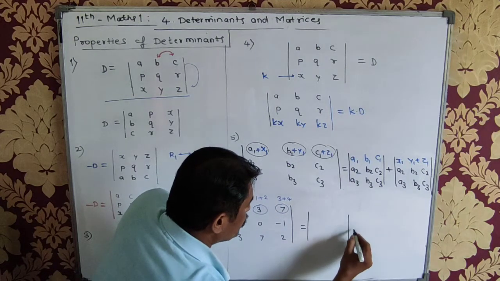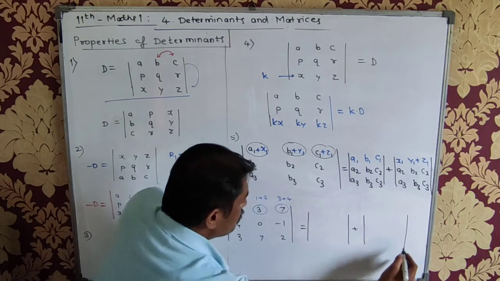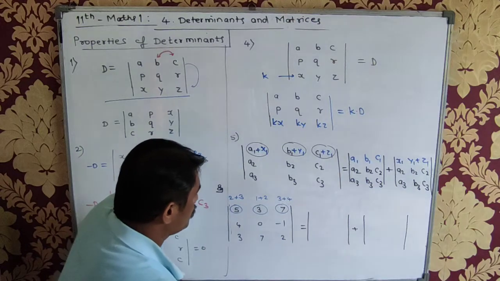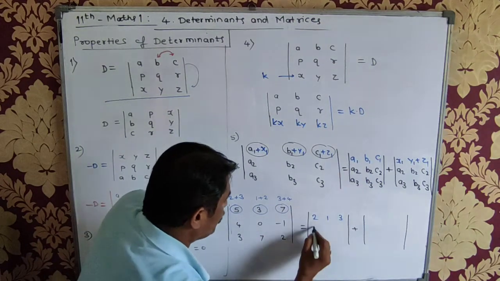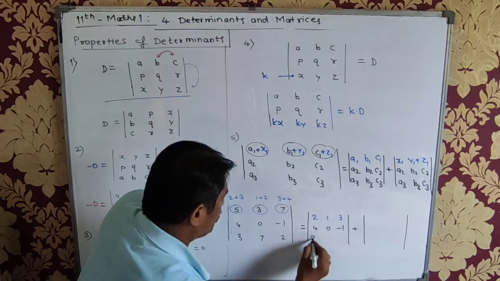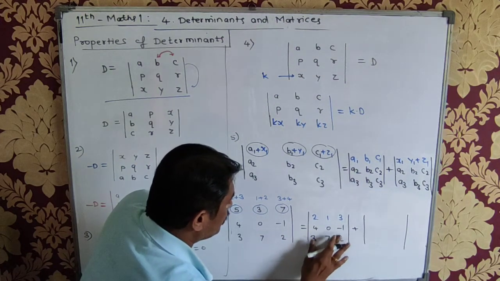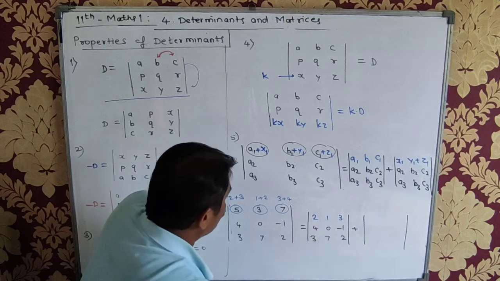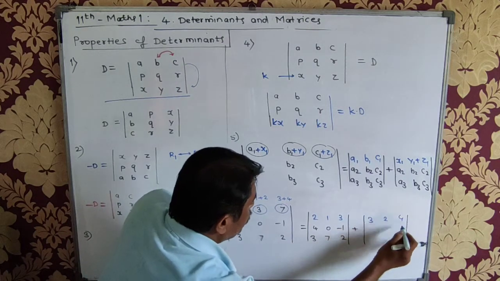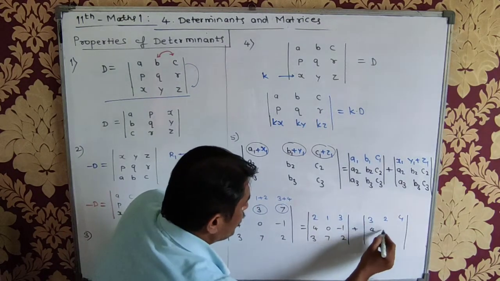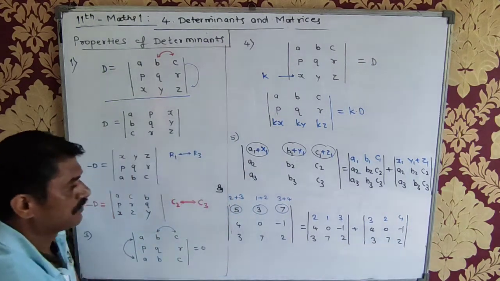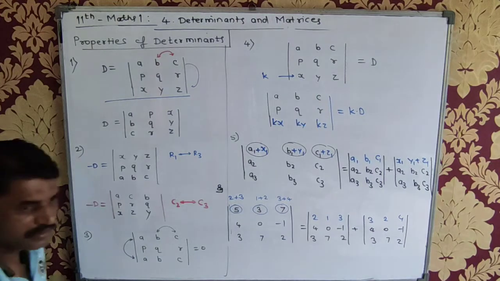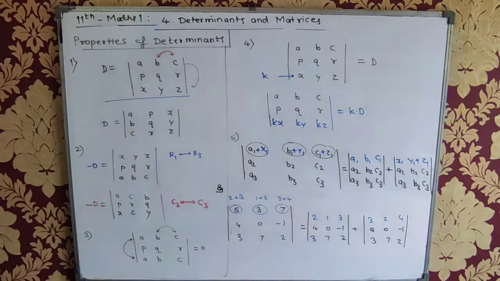Can you tell me which two determinants? 2, 1, 3, 4, 4, 0, minus 1, 3, 7, 3, 7, 2, and 3, 2, 4, 4, 0, minus 1, 3, 7, 2. That's it. Okay? That's the property.